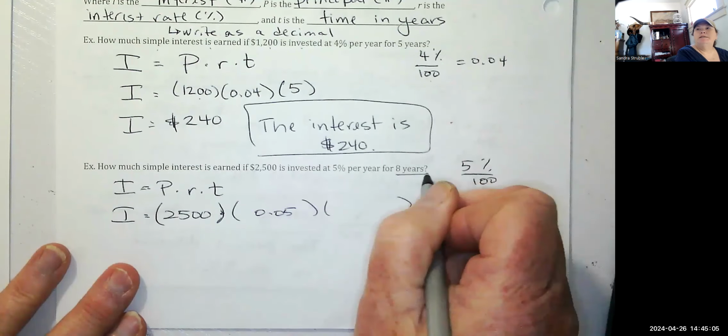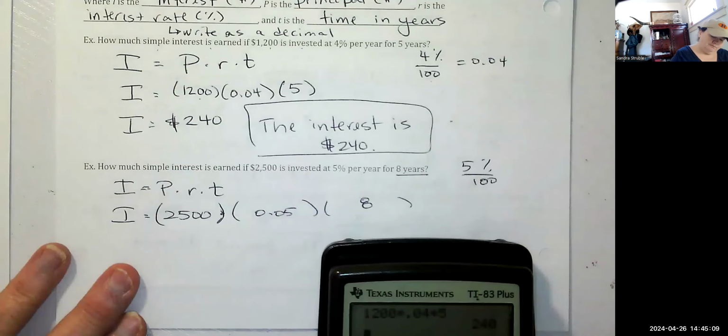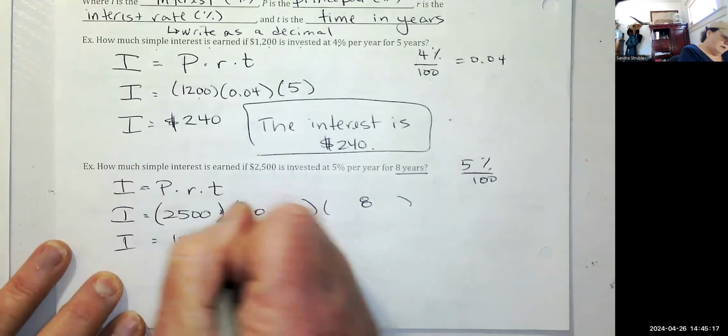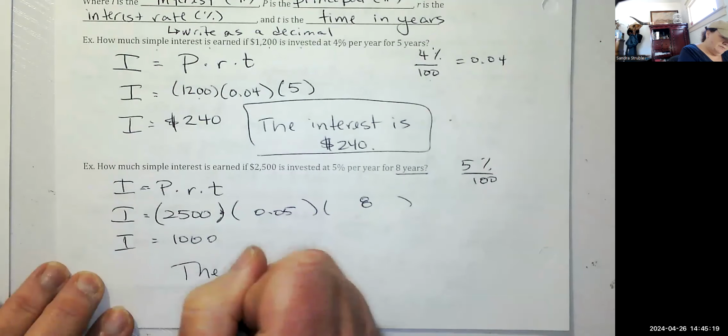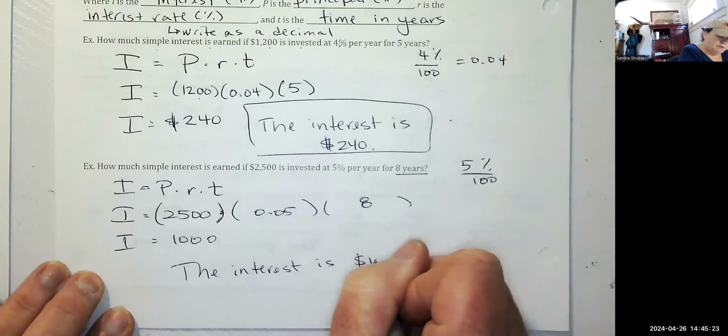And then years is 8. Multiply these three together. And I got $1,000. So the interest is $1,000.